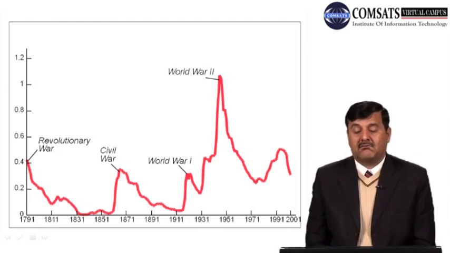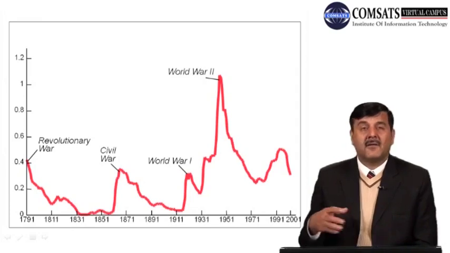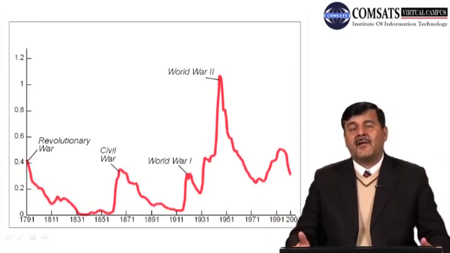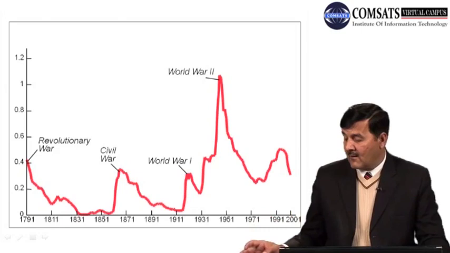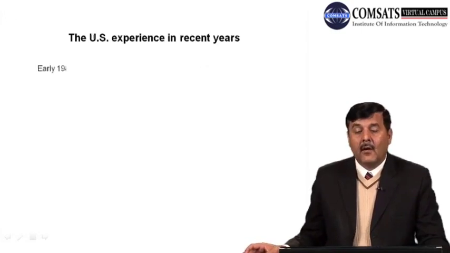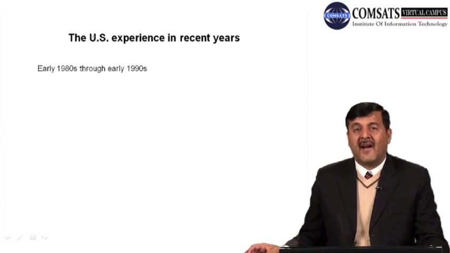World War 1 also saw some increase. In World War 2 it goes up to maybe more than 1, and then it goes down, coming down in 2001. So in different years, because of different scenarios and economic circumstances, it has a different value. Now, the US experience in recent years. What is the recent experience of the US government in the case of debt?